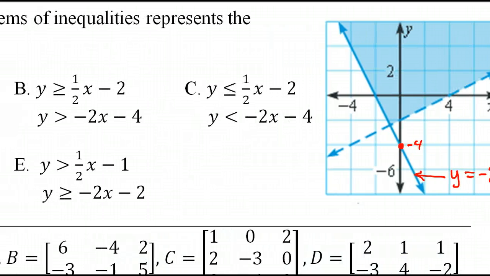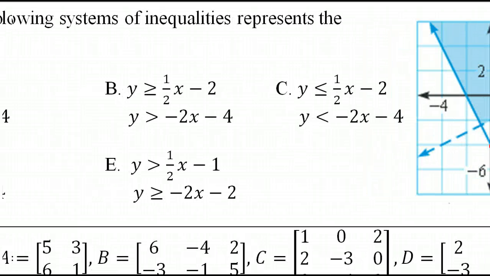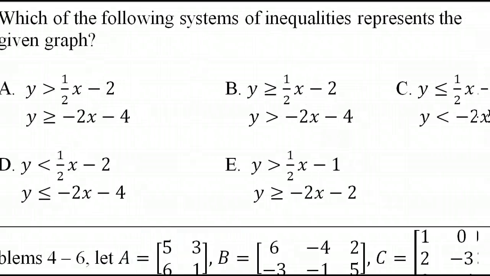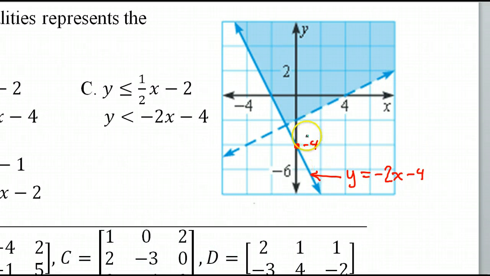I'm going to be really mad if there's some -2x minus 2's. Come on, people. Seriously? We're going to be that tricky? I'm not happy with this problem. Anyway, so the equation of this line would be y equals -2x minus 4.